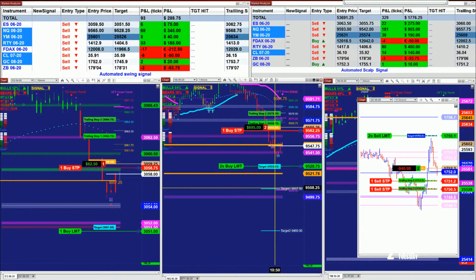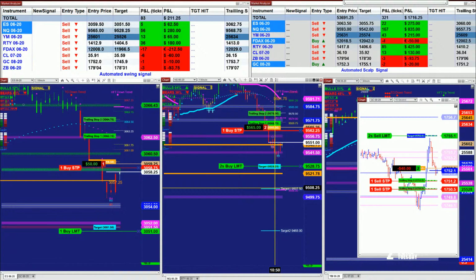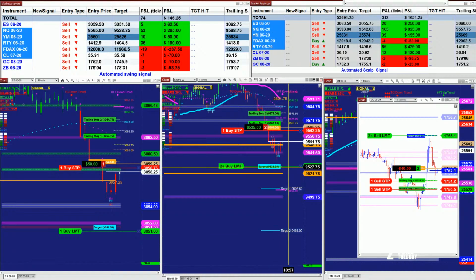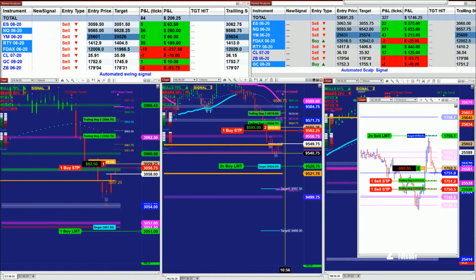Target 1 and target 2 are always between 11 and 12. Those are institutional numbers. So what happens when you hit target 1? Profit taking. When there is profit taking, what is going to happen? This market is going to turn around and fly back to the resistance line.